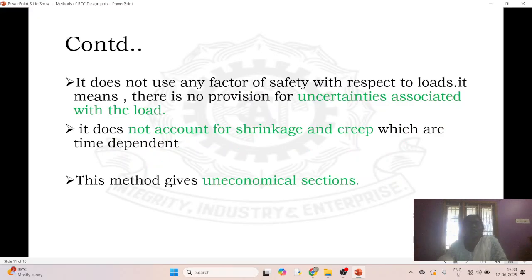And it does not use any factor of safety with respect to the loads. It means there is no provision for uncertainties associated with the load. Also it does not account for shrinkage and creep, which are time dependent. This method gives an uneconomical section.